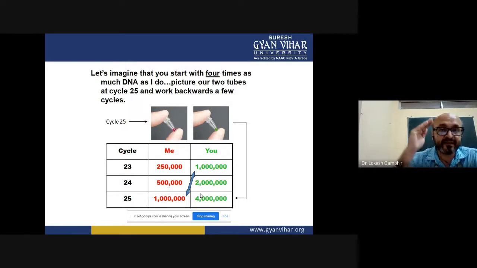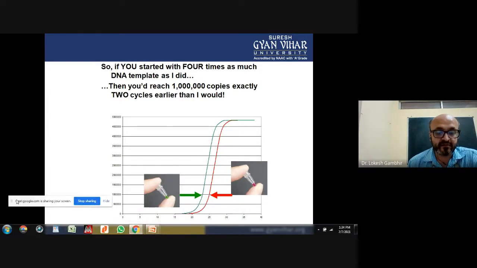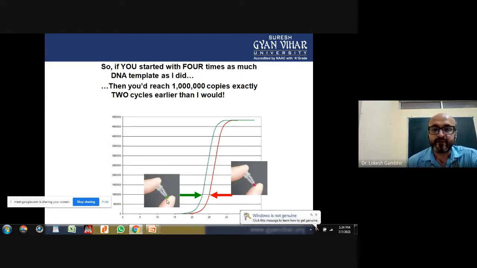So if I set a bar, that my version of real-time PCR is the red line, and your version of real-time PCR is the shaded line, the green line or blue line, what you can see. I saw the amplification of mine getting visualized at a much later stage.